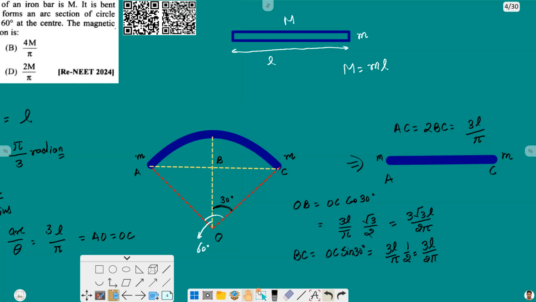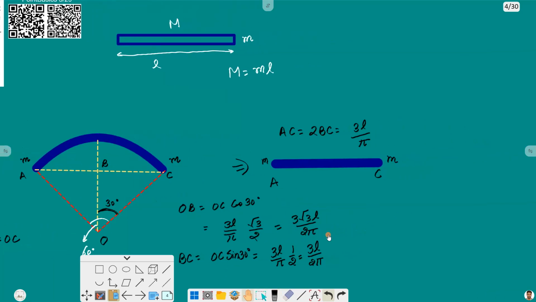Now we can find the dipole moment of this magnet. Suppose that is M dash, and that will be pole strength times the length of the magnet, that is 3L by pi.